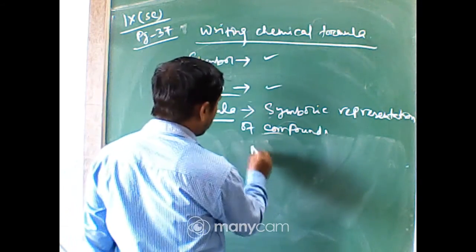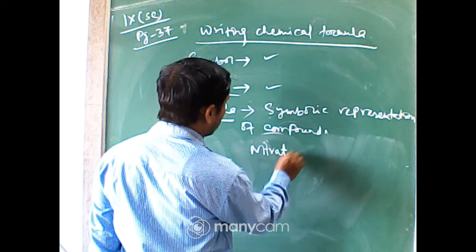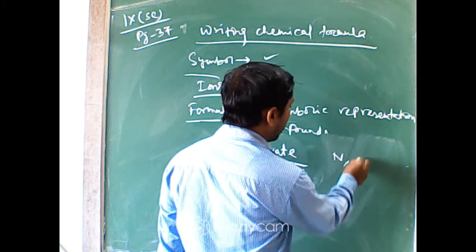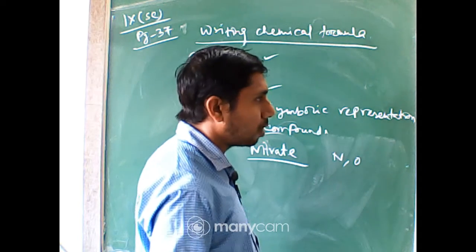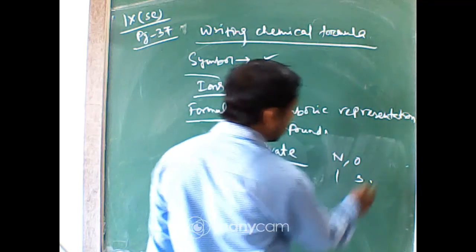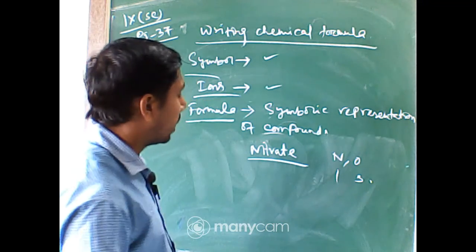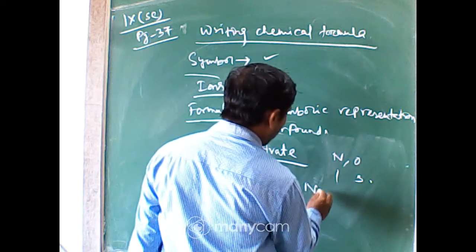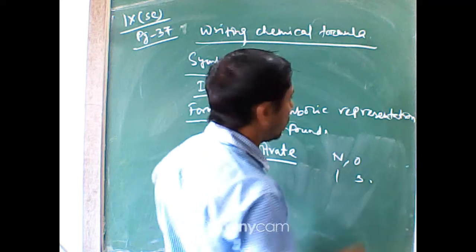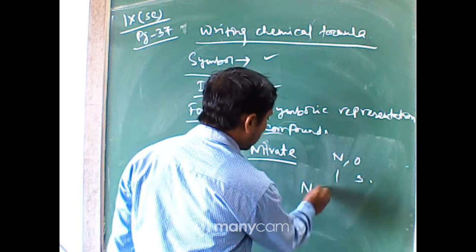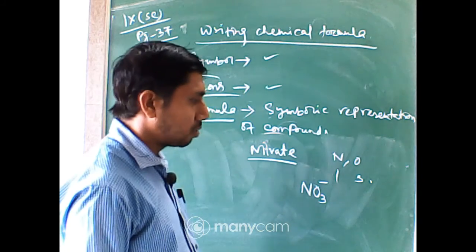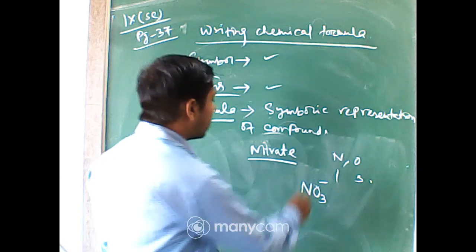Suppose nitrate. Okay, so the composition here is nitrogen and oxygen, and what is the number of nitrogen atoms and oxygen atoms? Nitrogen is 1, oxygen is 3, and then come to the charge. It has a single minus charge. NO3-, with 1 minus, this is the correct representation of that.